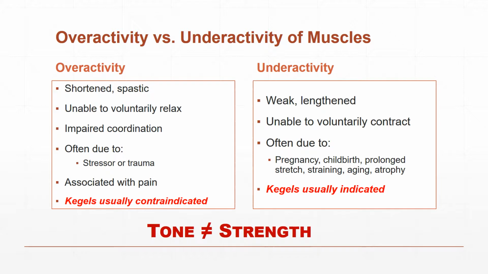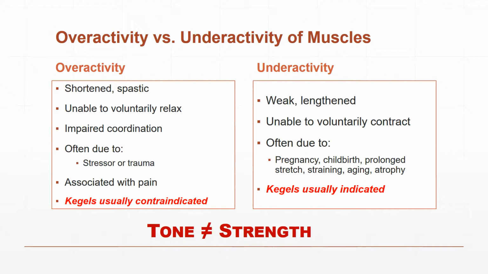Here's a concept of overactivity versus underactivity of muscles, which everyone's familiar with. With the pelvic floor, it's really challenging to assess whether the muscles are over or underactive without an internal exam. So I just wanted to talk about this: if you were to assess muscles on your patients in the orthopedic setting, you would want to be able to feel your patient's muscles.